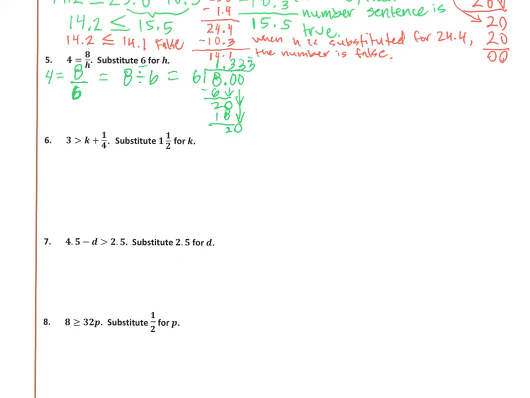So it'll probably just keep on going on and on. We will keep it at that. We won't go past the thousandths place. And then we're going to say, is 4 equal to 1.333? And the answer is no. 4 is not equal to 1.333. 4 is actually greater than 1.33.